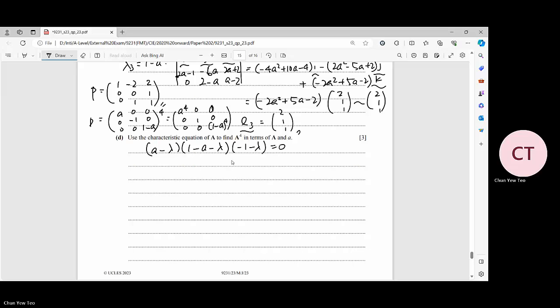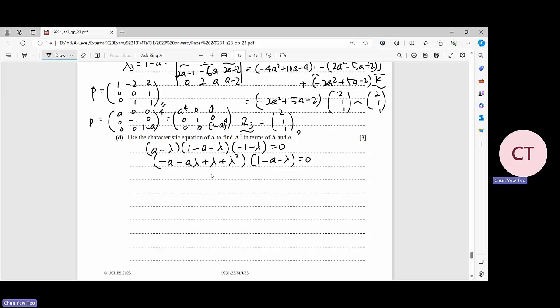Over here, if you expand them, I have to expand them carefully. I take these two to expand first, which is easier, because the middle one has 3 terms. So I get negative A minus A lambda plus 1 plus lambda plus lambda squared, then times 1 minus A minus lambda equal to 0.